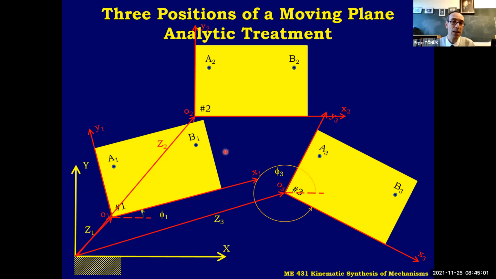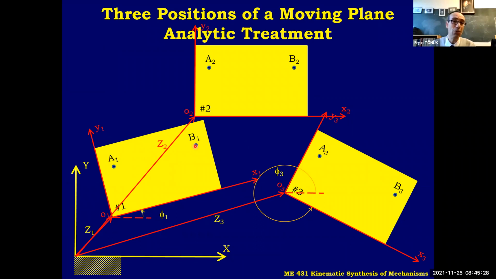This is one way. Now, for certain problems, you may like to select the fixed pivots A0 and B0 at certain locations because maybe the design constraints on the fixed pivots, or sometimes we call them the center points, might be stricter than these.